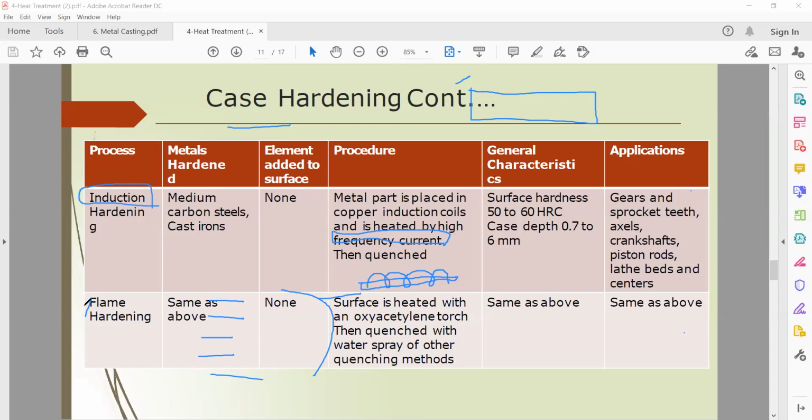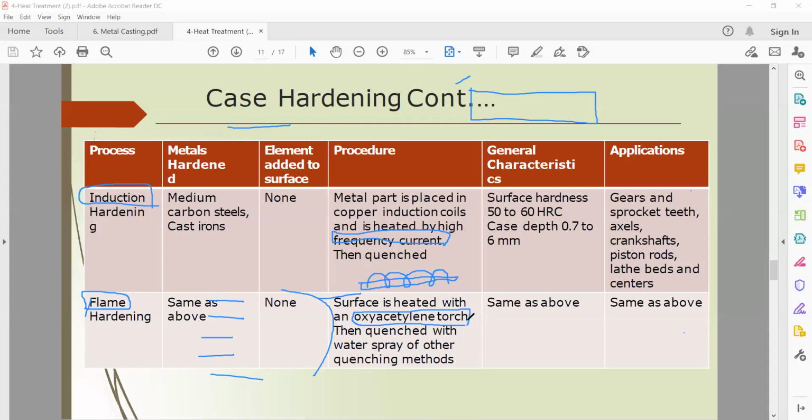But the other case is flame hardening. Flame hardening means you can easily understand, definitely there should be a flame, right? Here the surface is heated, but you have to use an oxyacetylene torch for the flame. You can see this oxyacetylene torch normally in welding processes, right?